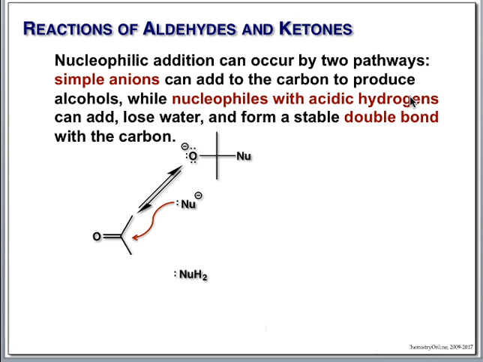Now it's important to know that this is an equilibrium. And sometimes this equilibrium is very, very unfavorable. Sometimes you make this and it immediately decomposes back to this. Electrons move in, nucleophile moves out, and we're back where we started. This intermediate can sometimes have a lifetime of like 10 to the minus 8 seconds.